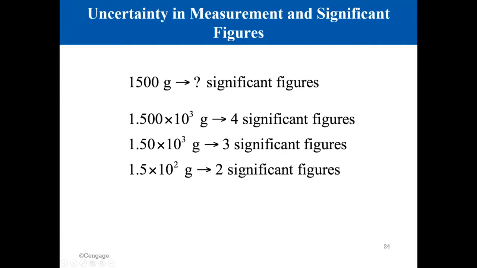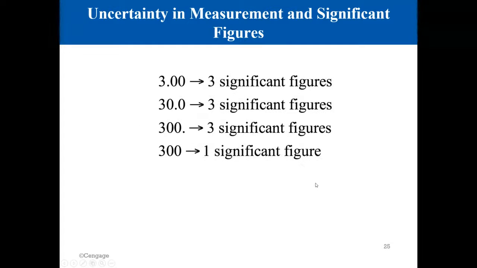Look at this now. When you see 1.500, this means we have 4 significant figures, because these zeros could be anything, could be changed. Here, when you see 1.50 times 10 to the power 3, this would be 3 significant figures, and 1.5 times 10 to the 2, this would be 2 significant figures.